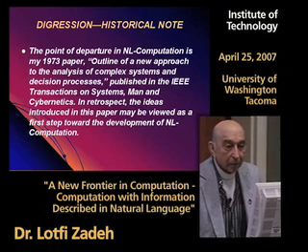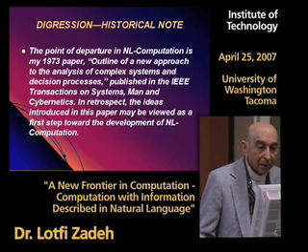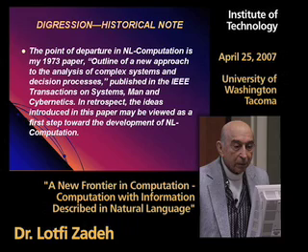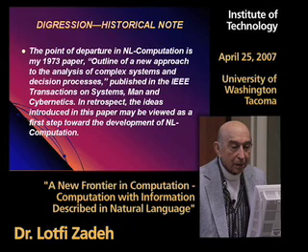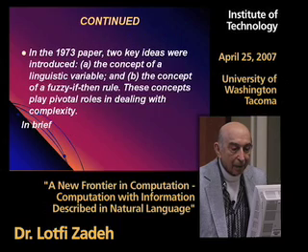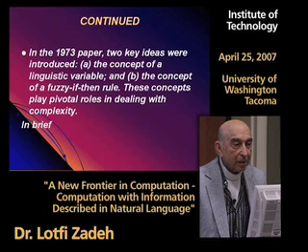Now, there's a historical note. The point of departure is my 1973 paper, Outline of a New Approach to the Analysis of Complex Systems and Decision Processes. In this paper, I introduced two concepts. One was the concept of a linguistic variable, and the other was the concept of fuzzy if-then rules.